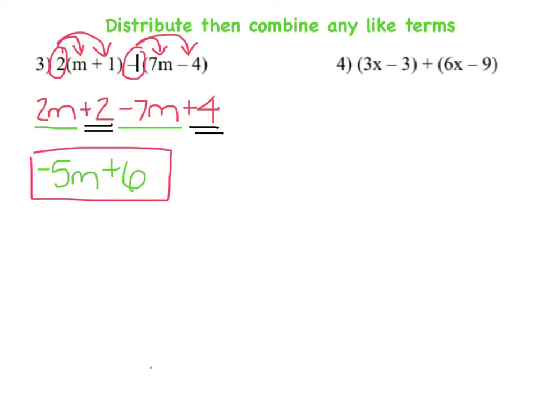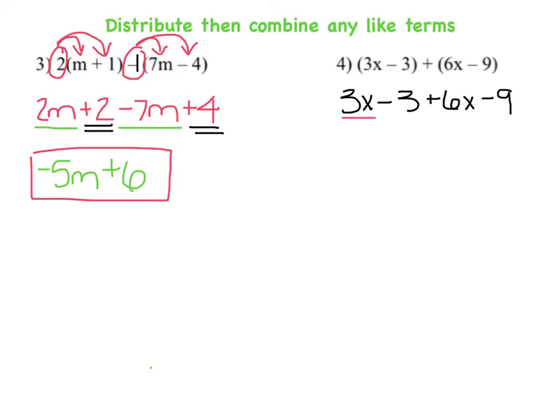Number 4, same concept. Notice the first parentheses, there's no number outside to distribute. Second parentheses, that's a positive 1, which is okay, so I'm still not distributing anything there. So there's no distribution at all in this problem, so I'm just going to rewrite the whole thing without the parentheses because there's no need for them. So all I need to do is combine like terms.